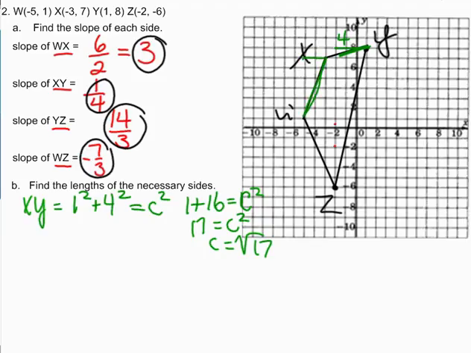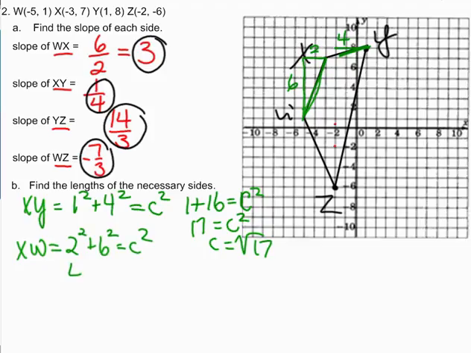Let's draw that triangle. We have 2, and this is 1, 2, 3, 4, 5, 6. So XW is going to equal 2 squared plus 6 squared equals c squared.